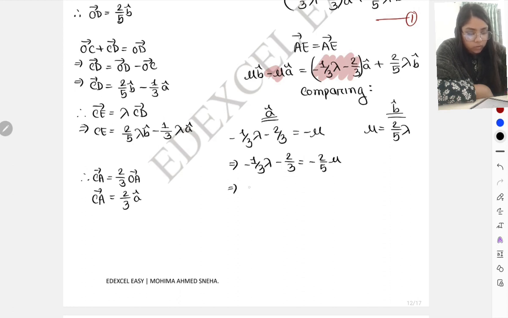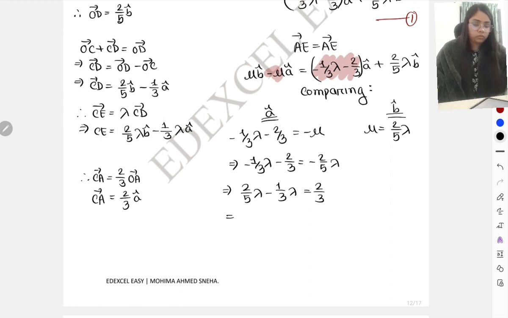You can just write all the mu together. 2 by 5 mu minus 1 by 3, sorry, this is supposed to be in terms of lambda. So you can write 2 by 5 lambda minus 1 by 3 lambda equals 2 by 3, and that is going to be 2 by 5 minus 1 by 3, which is 1 by 15, lambda equals 2 by 3.